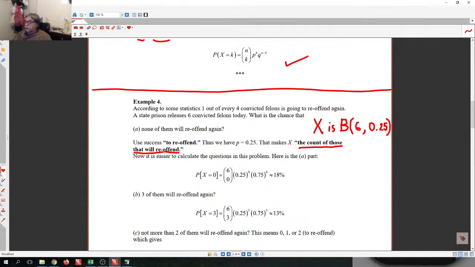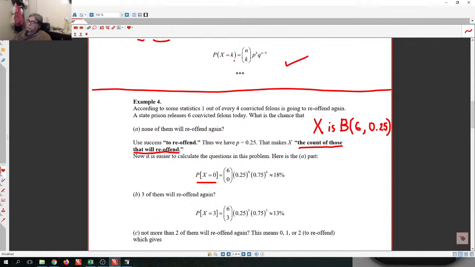So the first question is, what's the chance that nobody will reoffend? That's the math lingo, how to write it down: the probability that X is 0. The number of people that will reoffend will be 0.